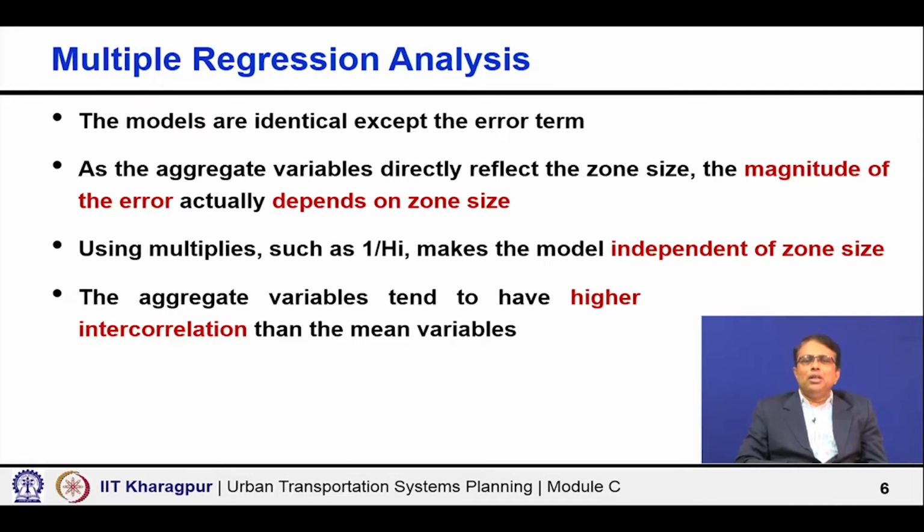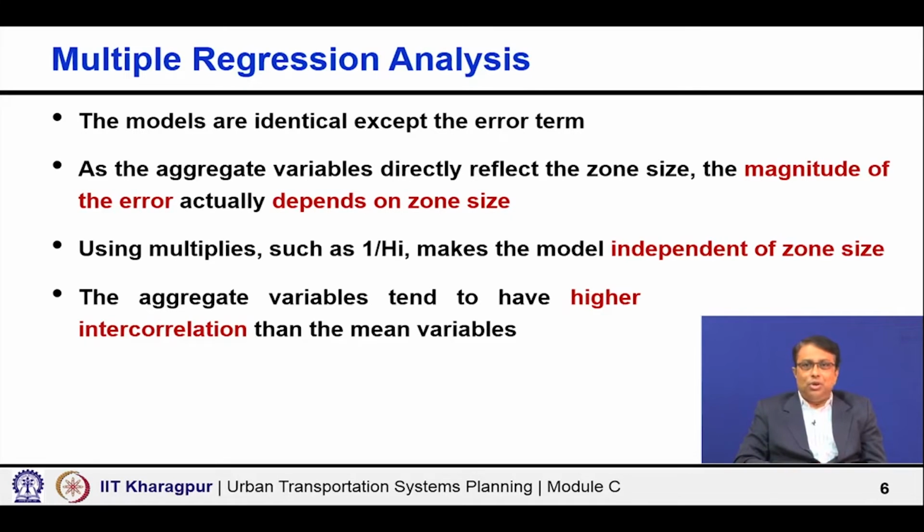Why? The bigger the zone size, every variable will be bigger: population will be more, and the number of cars will also be more. So every variable is generally smaller for smaller zones and bigger for larger zones. When you have more population, if everything else is the same, you will generally find more cars also.